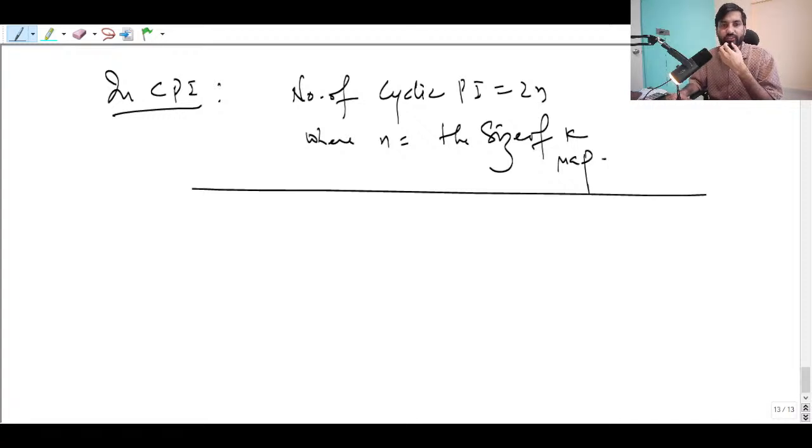So this concept I wanted to discuss, and everything is natural now, right? Sometimes non-essential prime implicants are nothing but the redundant implicants.